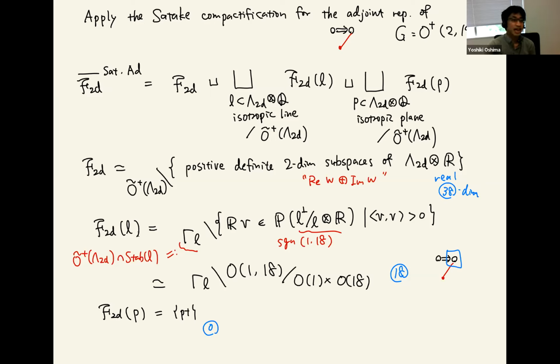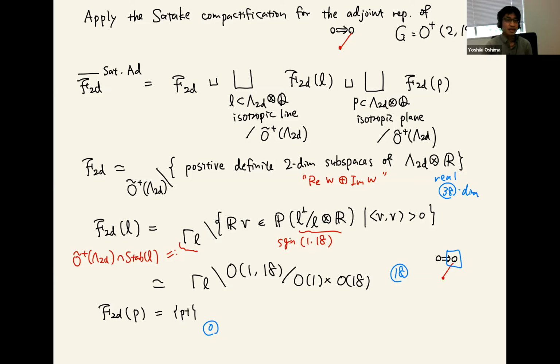And F2DL is defined as follows. L is a line, and L perp is the orthogonal space, the vectors which are orthogonal to L. This is 19-dimensional, and we take a real projective space.